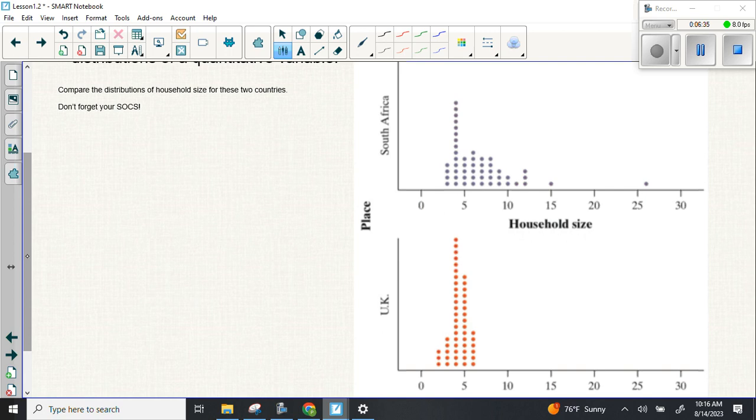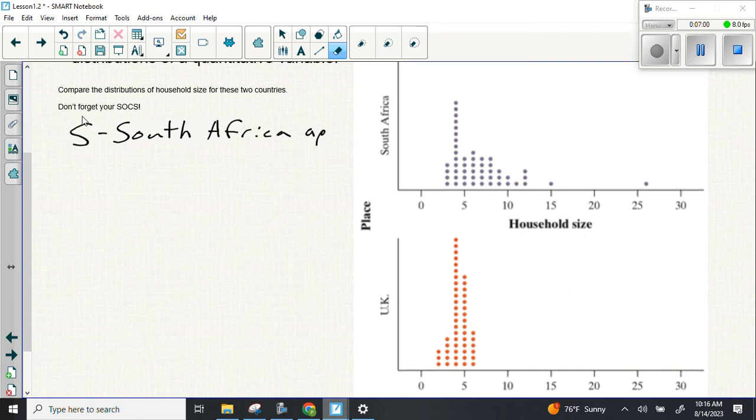In this case, don't forget your socks. For S, I would say South Africa appears to be skewed right, while the UK is roughly symmetric. No, it doesn't appear. It's definitely.